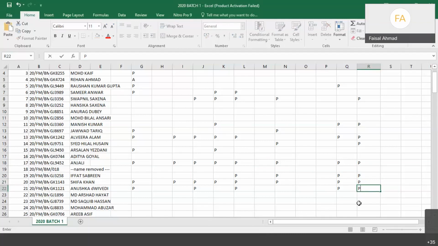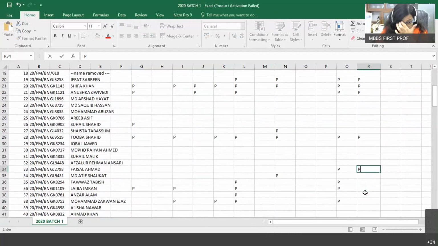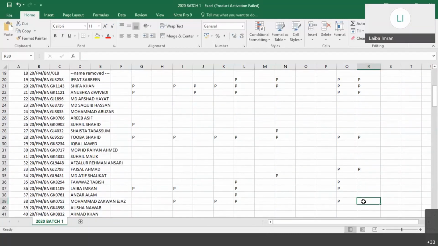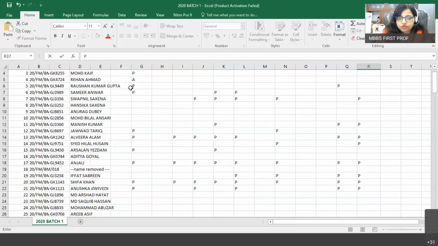Ma'am, 33, Faisal Ahmed. 6. Who else? Ma'am, 38, Zakwan Ijaz. Who else? 36 is Laiba Imran. Is there anyone else left in 1 to 50? 5, Roshan. Okay.